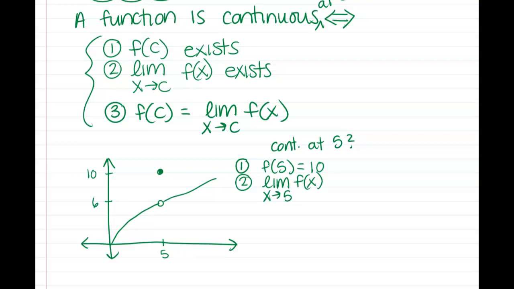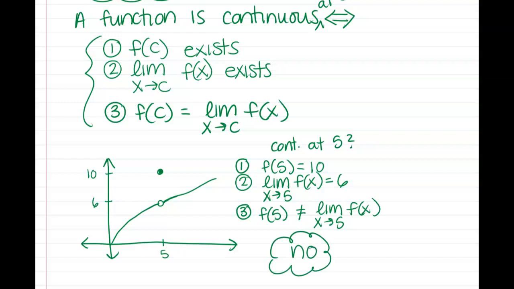Well, the limit from the left is 6, and from the right, it's 6. So the limit as x approaches 5 is 6. So we're good so far. The function exists, and so does the limit. Number 3, we have to look at the function value and the limit, and they're not the same. So since f of 5 doesn't equal the limit as x approaches 5 of f of x, it's not continuous at 5.